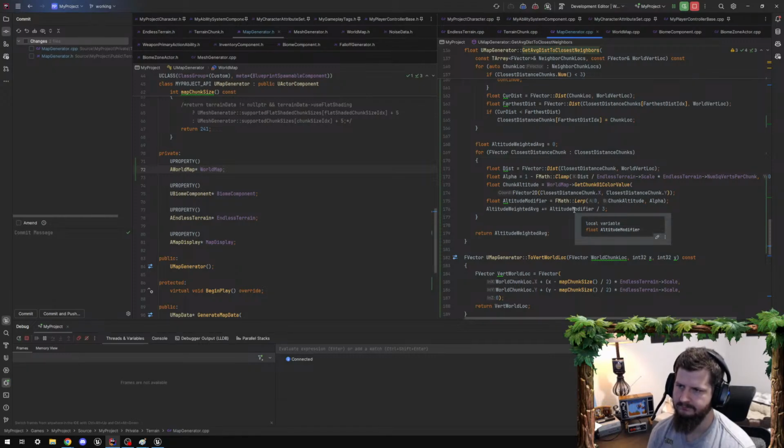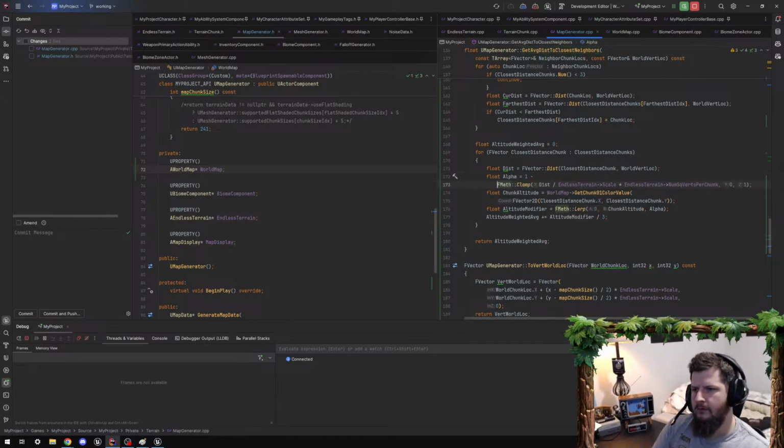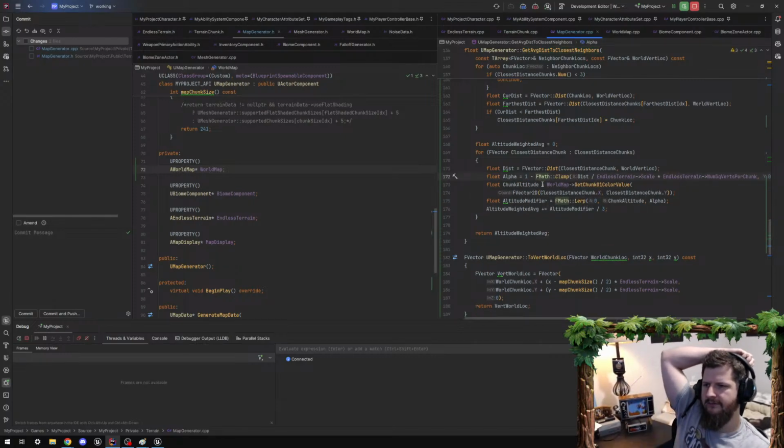Okay, so I have distance from the closest distance chunk. And I want less of that the further away I am.